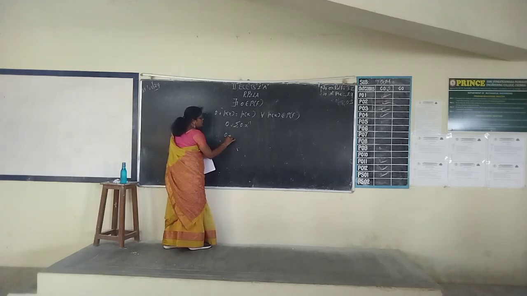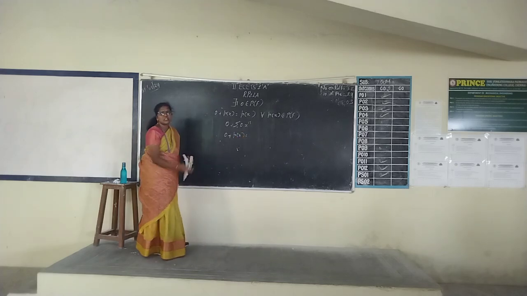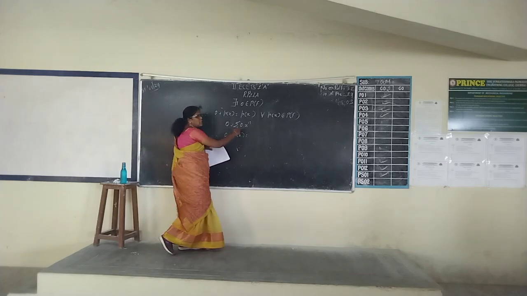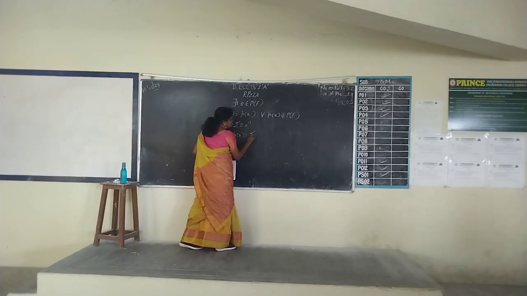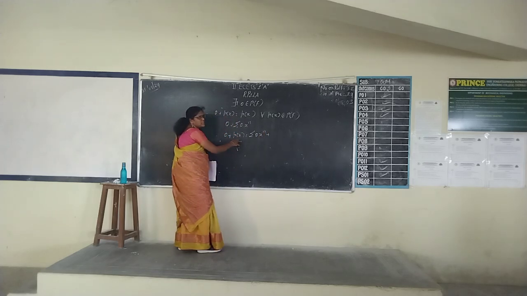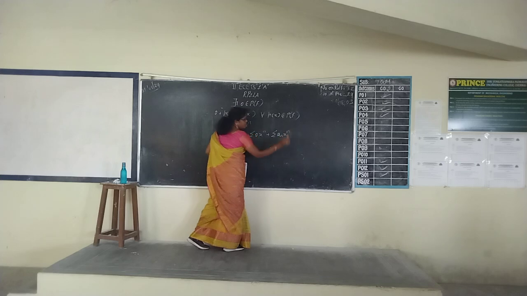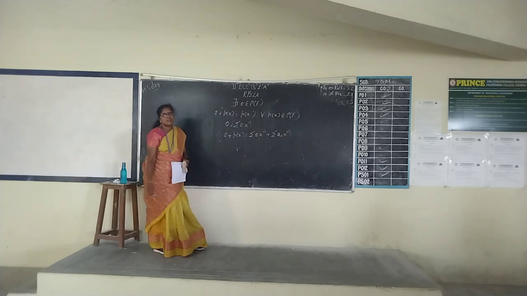Okay, so write this line. Therefore, 0 plus p of x is equal to p of x. Obvious one, but even then we have to show it. So what is our 0? 0 polynomial. So summation of 0 into x power n plus p of x, which is summation of a_n x power n. How do we add it?